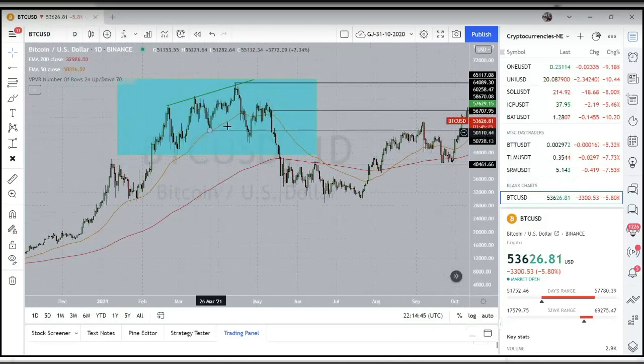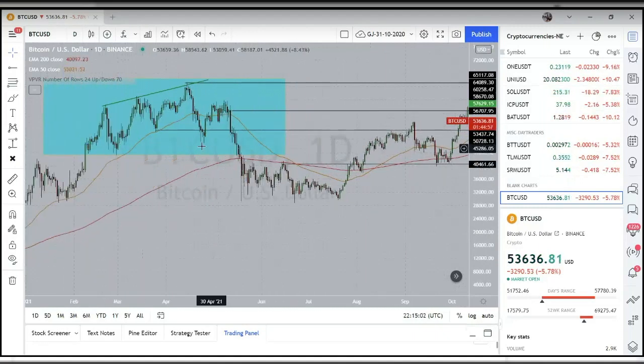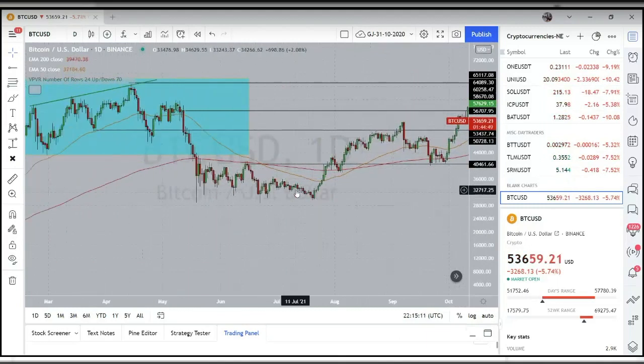But when we were up here, I see the break of the 50 EMA as a potential for us to then revisit the 200 EMA. So up here, along with everything else I was seeing, I took a gamble that we would at least come back down to here, which we did.